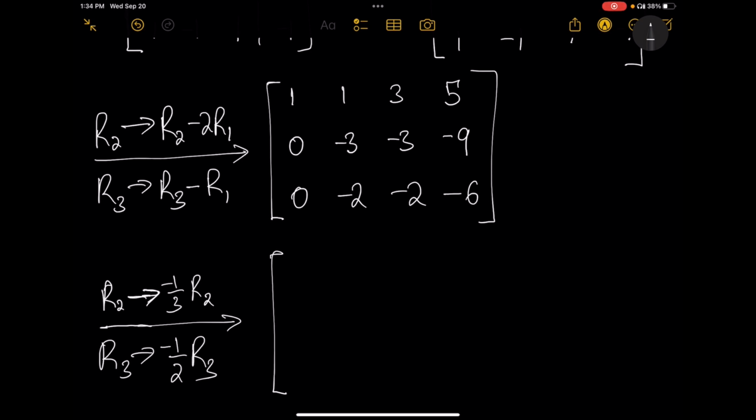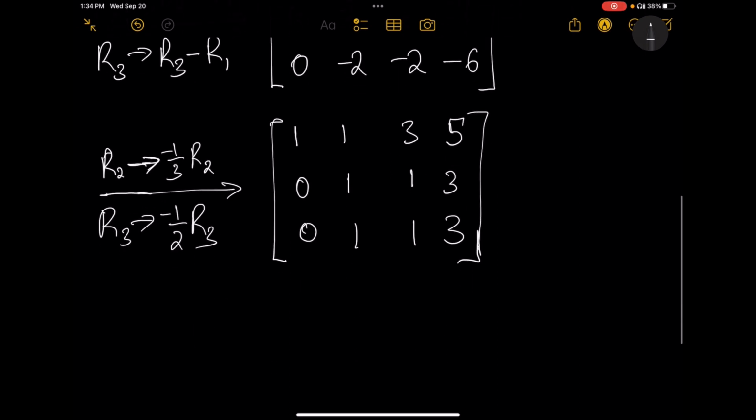Very good. The first row stays the same, but row 2 we multiply by negative 1 over 3. Therefore 0 1 1, negative 9 over negative 3, the negatives cancel out, 9 over 3 is 3. And for the third row, 0 1 1, negative 6 over negative 2, that is 3.